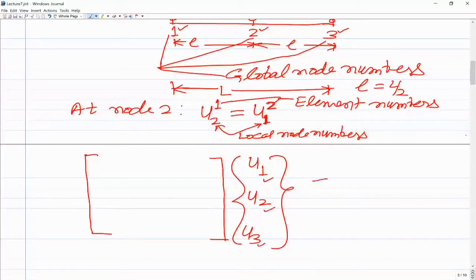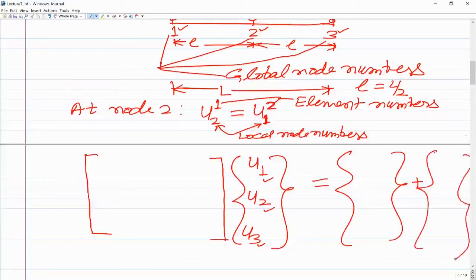This will be equal to the right hand side. We are going to have two vectors, because you have seen in the element level governing equations there is an external load vector and there is an internal load vector. So we will have the contribution from those two. This is what is going to be the assembled system, the assembled equations.